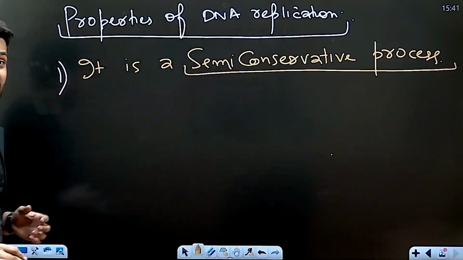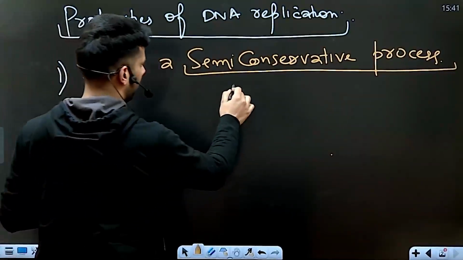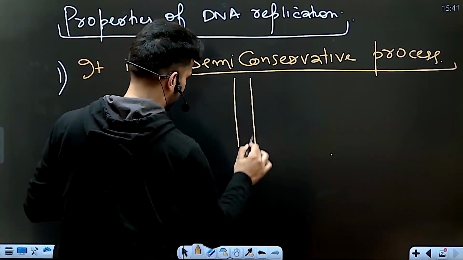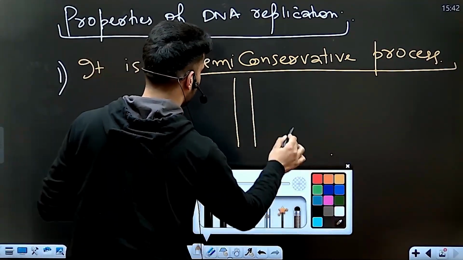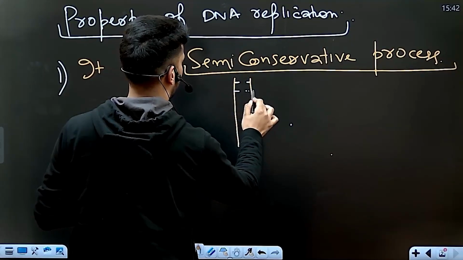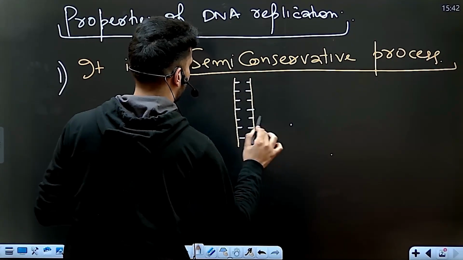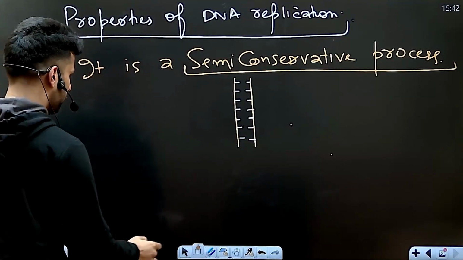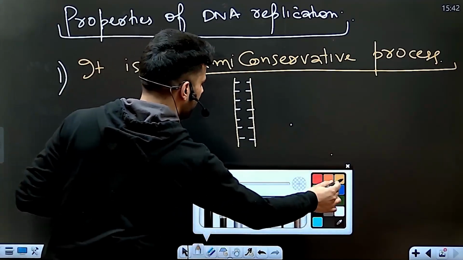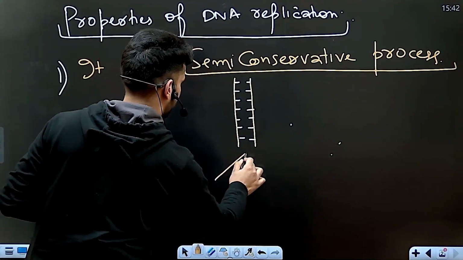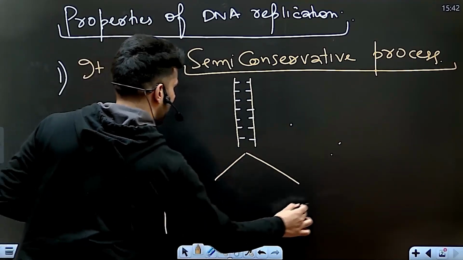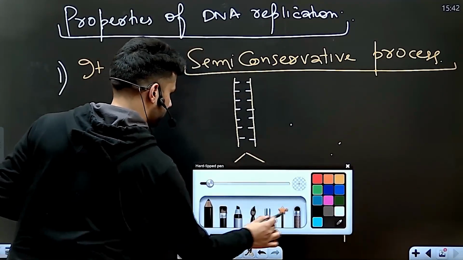To understand this semi-conservative nature, take this DNA double strand like this, and this yellow color represents the parental DNA. During DNA replication, these two strands will separate. So one strand is right here, another strand is here.